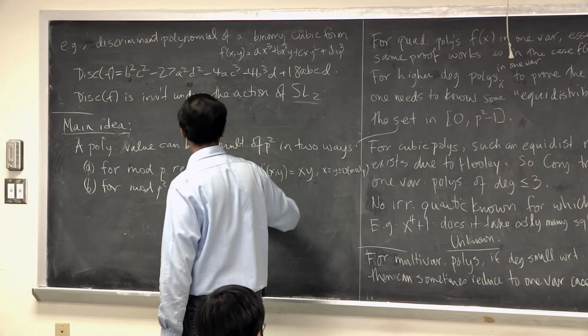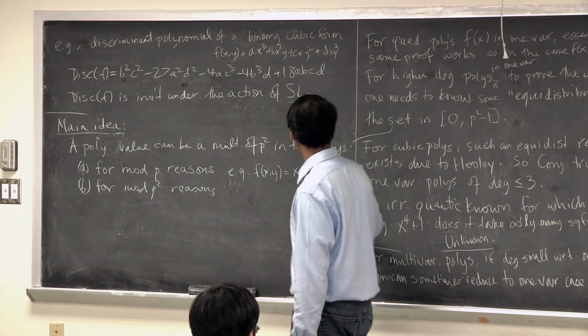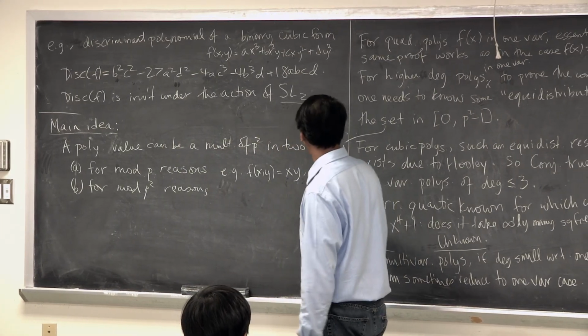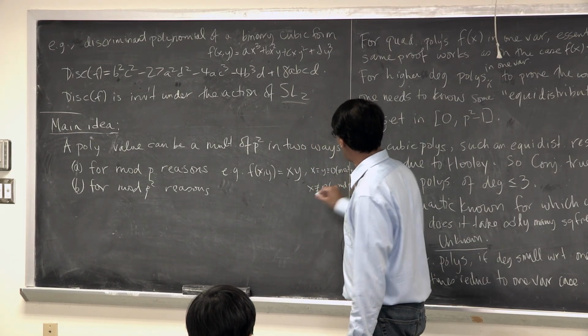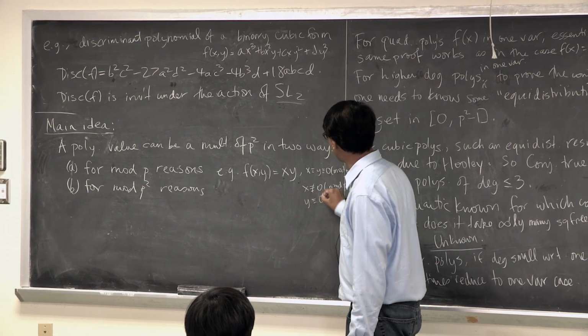And then for mod p squared reasons would happen, for example, if x was not congruent to 0 mod p, while y was congruent to 0 mod p squared.